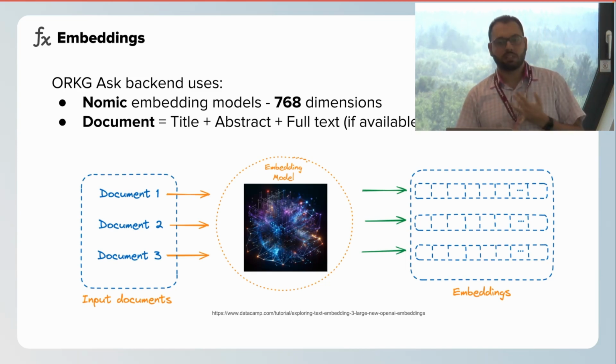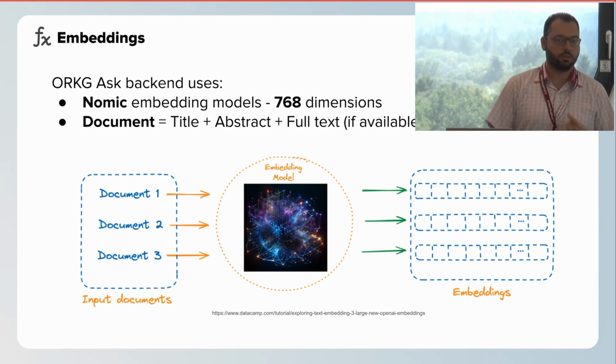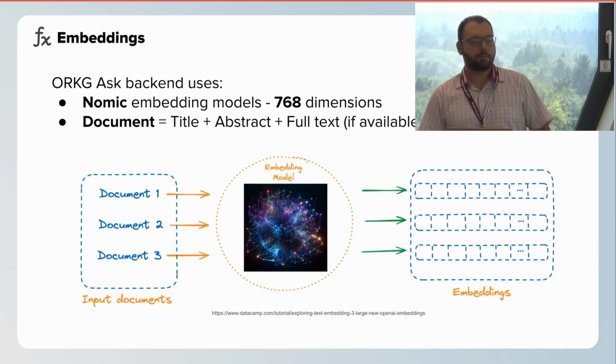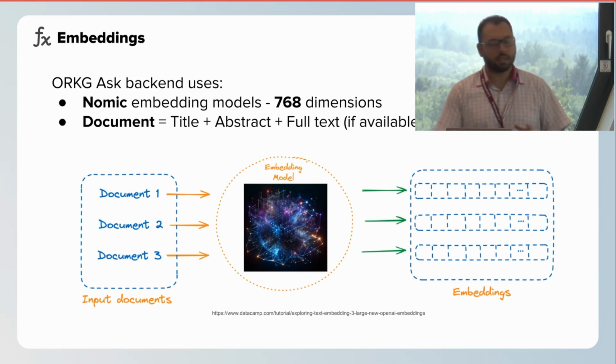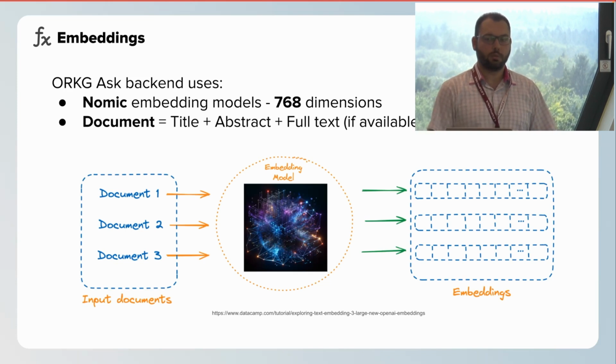We have the title of the paper or the research artifact plus the abstract, and if it's available, the full text. So this goes into the model, and then in the end, we get a set of vectors out of this. These vectors are all thrown together into the vector store, and then we can perform other operations on top of that.